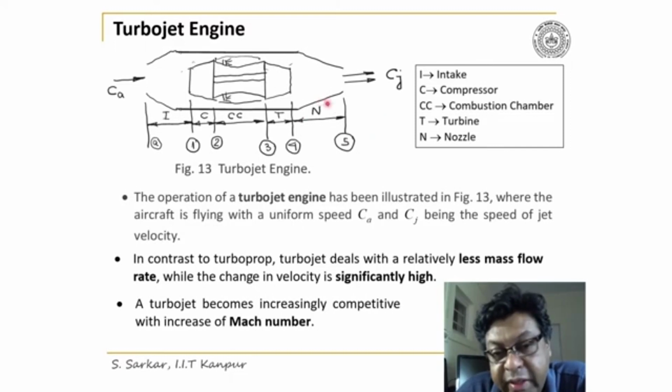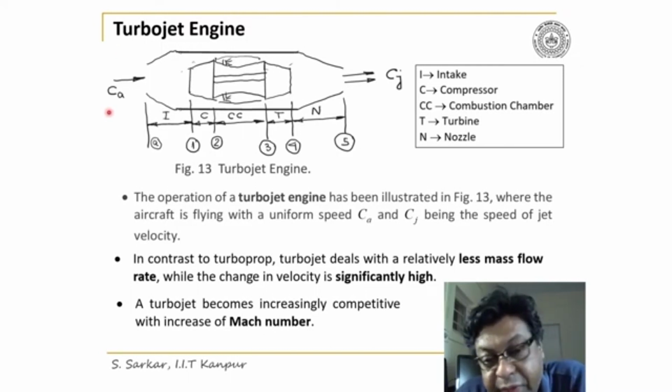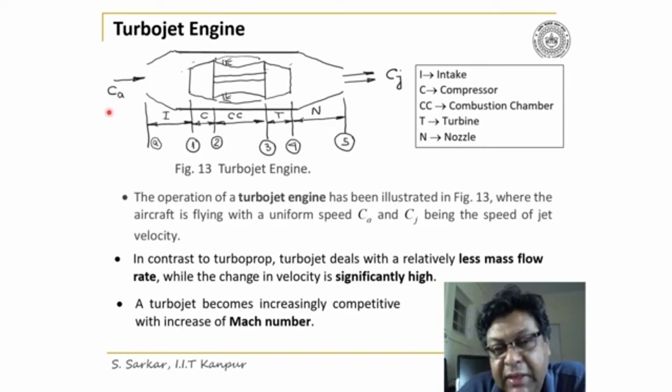N represents the nozzle. Now, the jet velocity that the nozzle produces is much higher than the craft velocity CA, and CJ is the agency which creates the thrust.